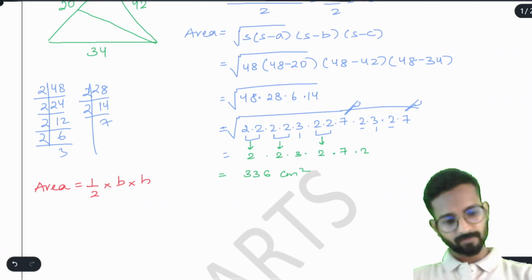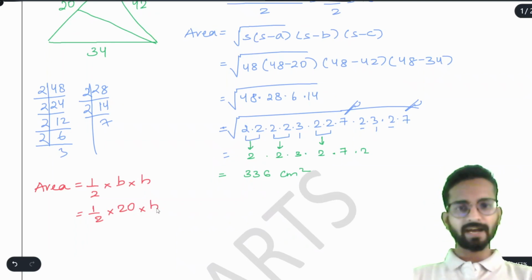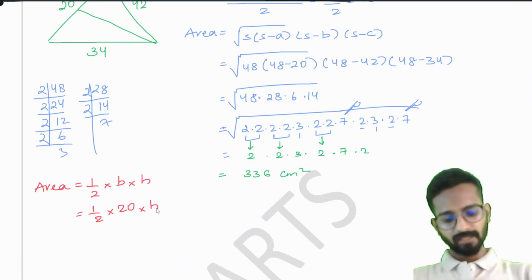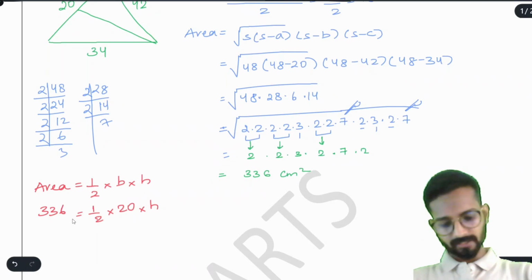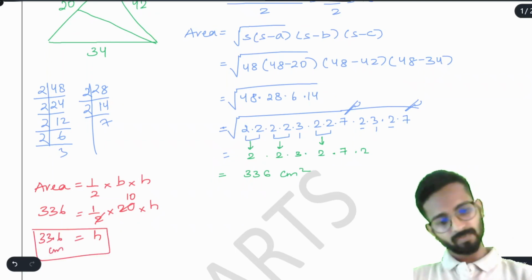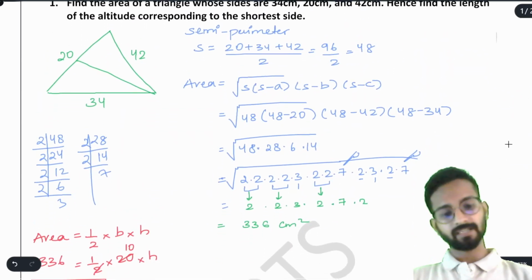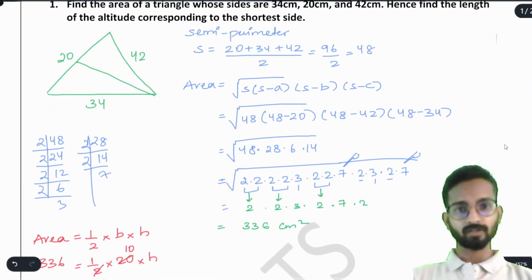So half into 20 into height is what we have to find. Height or altitude, you can name it anything. Area is already given 336. So you can write here 2 tens are 20. So H will become 33.6 centimeter. Please be very careful with centimeter, meter, what all the question is using.